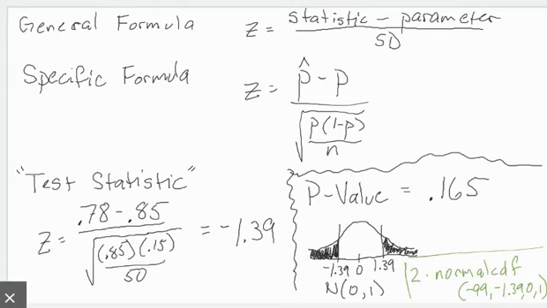When we get to this p-value, what we're saying is, let me start that sentence over. The probability of getting this sample is not unusual. There's a 16.5% chance that this teacher is going to get 39 out of 50.